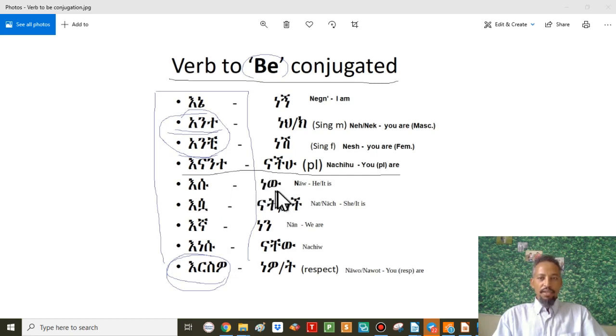You see here, there is an exception. So this is a little bit different. The verbs conjugated with እሱ will be እሱ መጣ, እሱ በላ, እሱ ጠጣ. So that will be a little bit different from the rest of the pronouns. And እሷ ነች.